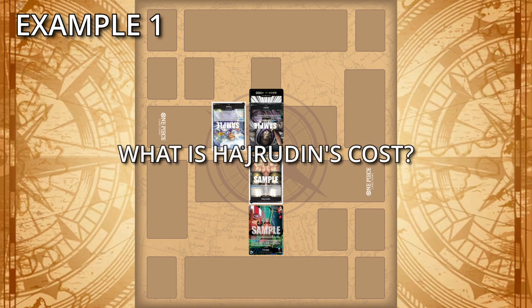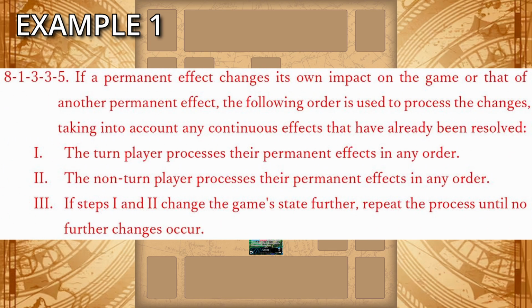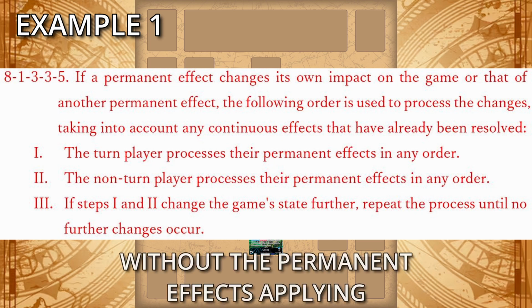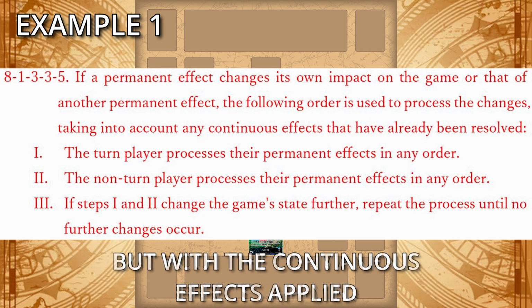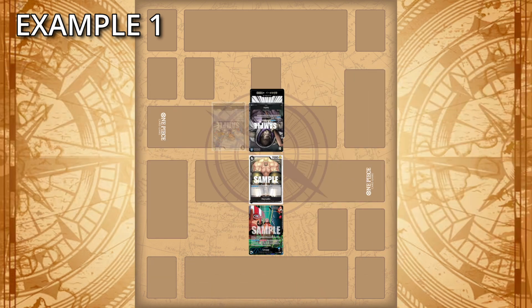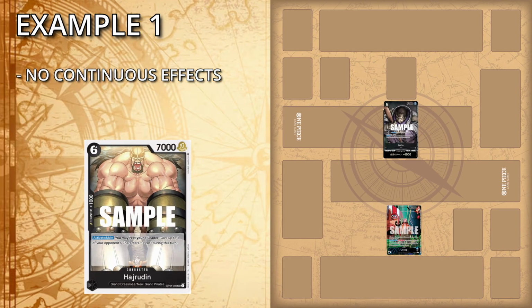Due to 81335, the moment a Dawn is given to Isho, a reassessment or recalculation or whatever you want to call it happens to the interacting permanent effects. This happens without either effect being applied at the start of that process, but with any form of already resolved continuous effect applied. In this situation, no continuous effects interact with Hydrogen, so we can skip that.